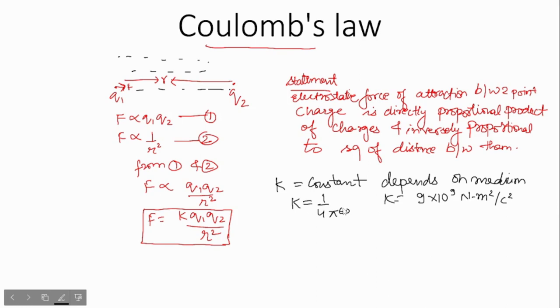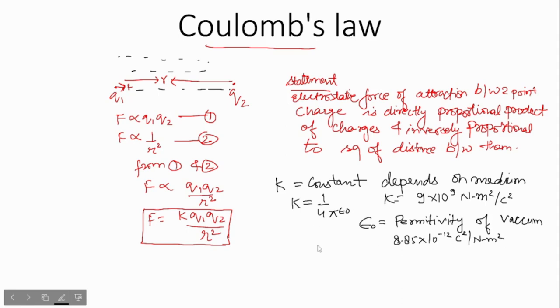Here epsilon naught is the permittivity of the air or vacuum, or you can say free space, and its value is 8.85 into 10 to the power minus 12 Coulomb square per Newton meter square.